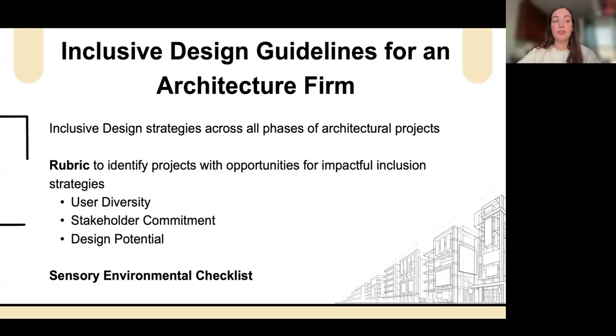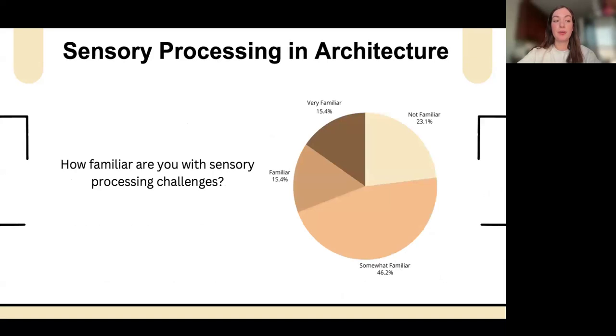And this includes practical checklists, considerations, and recommendations for inclusive design elements such as circulation, wayfinding, materials, lighting, acoustics, accessibility, and sensory needs. Within this capstone experience, there is also another capstone student who is currently conducting measures of architects' understanding of sensory processing.